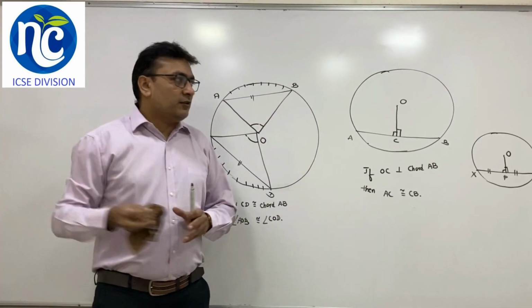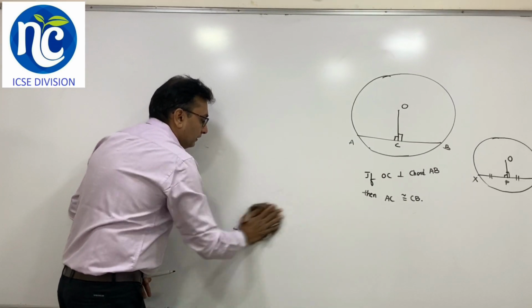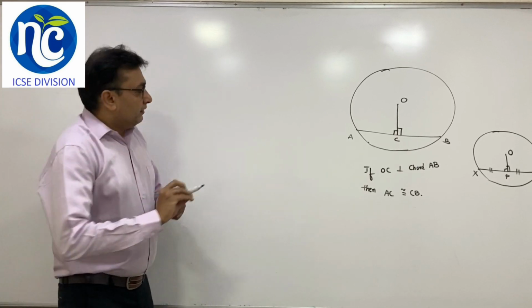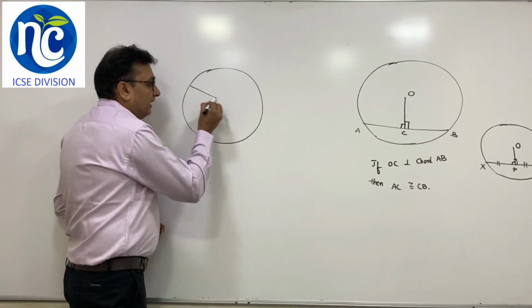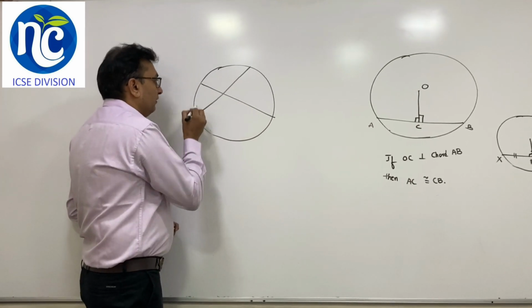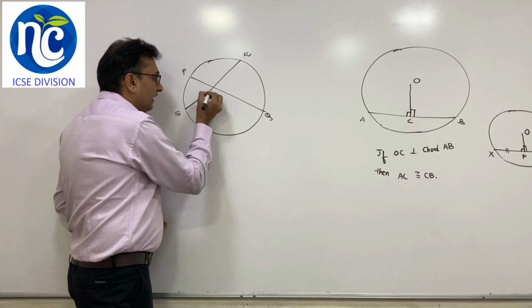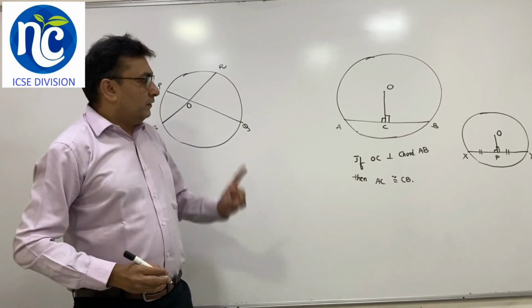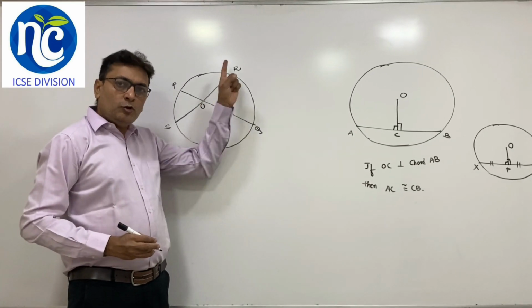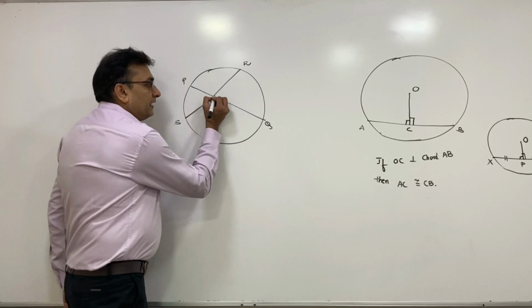Again intersecting chords will come. It would be intersecting chords. Now what is that? Suppose this is a circle, I take two chords PQ and RS. These are intersecting at point O. Now we need to understand two important things over here. These two chords are intersecting internally.